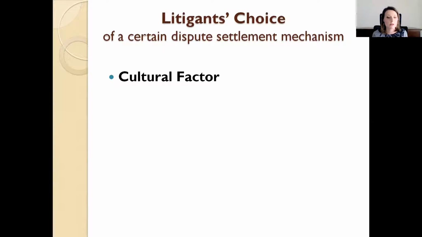In other words, they have traditionally seen in-court proceedings as the natural, the most appropriate, if not the unique, mechanism to resolve disputes. Conversely, other legal systems, such as the US and UK legal systems, have traditionally been keener to favor out-of-court settlements.